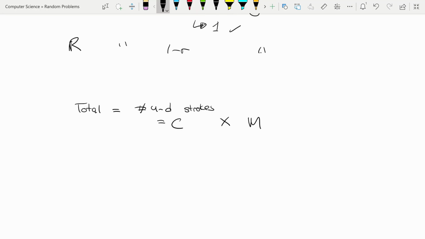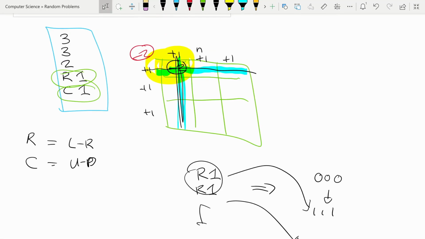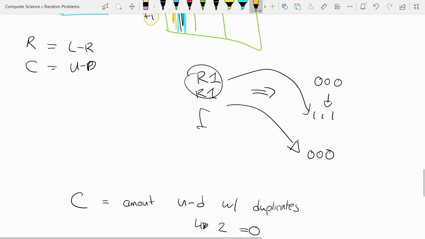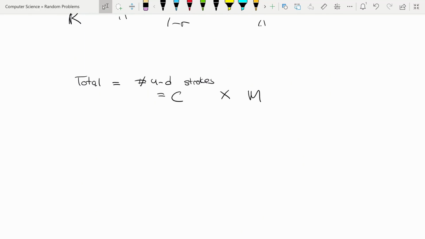Let's just go back to our grid quickly. Every time that there is a C stroke, which is a stroke like this, it affects 1, 2, 3, or M amount of grids. So we can have C times M plus R times N, following the same logic for the other type of strokes.